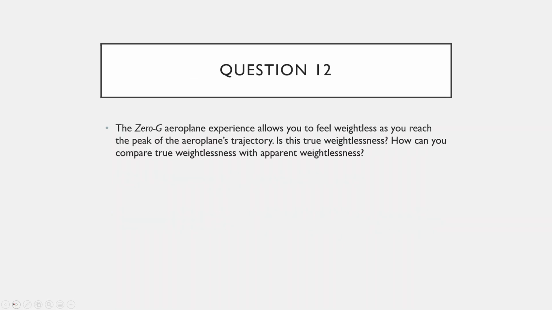So question 12: a 0G aeroplane experience allows you to feel weightless as you reach the peak of the aeroplane's trajectory. Is this true weightlessness? And how can you compare true weightlessness with apparent weightlessness? I'm going to leave that for you to answer for yourself. Basically, the short answer is you can't have true weightlessness if there are objects in the universe, because the gravitational field extends out into all regions of space.